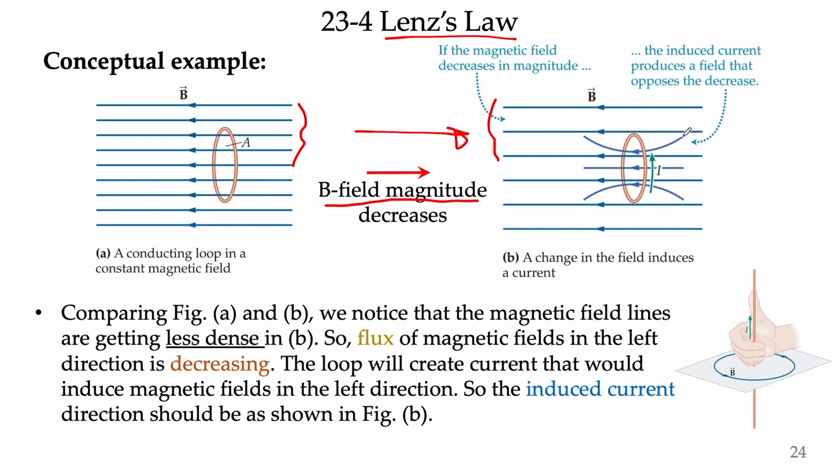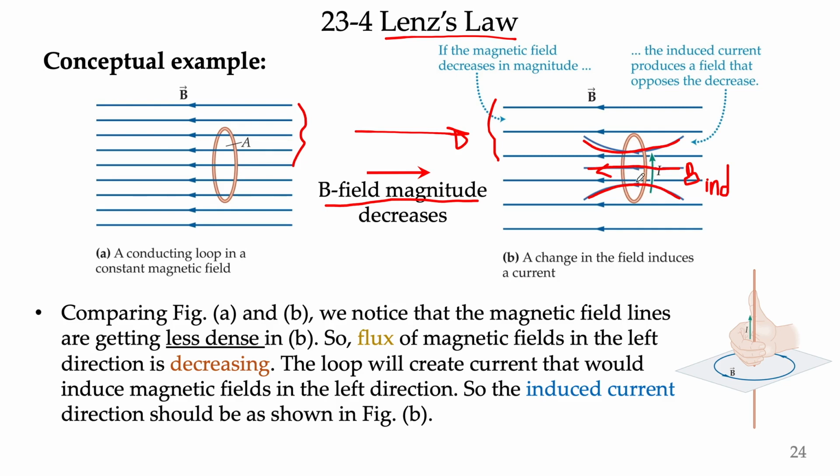So these lines that I'm going to draw in red right now, like this, are actually the induced magnetic field lines on the wire to increase the flux so that the loop, by Lenz's law, can oppose the change in flux. Okay, now we know the direction of the induced magnetic field lines. They are going to be to the left.